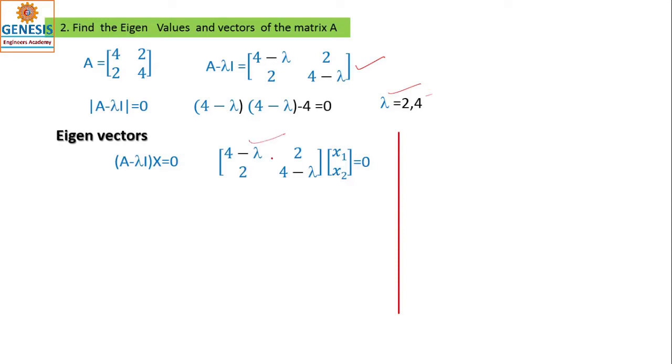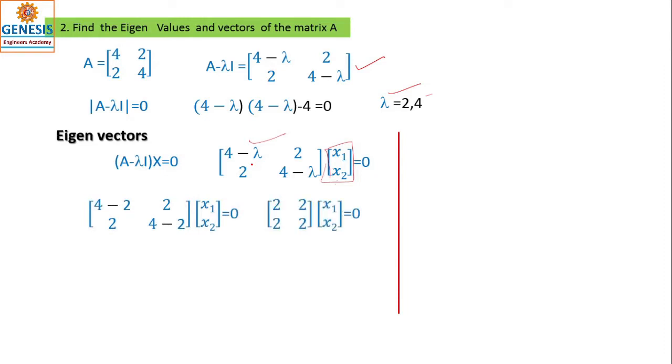This is the characteristic matrix, and X is a column matrix whose entries are the values of the vector. We call it the eigenvector. The eigenvectors will be based on lambda. If we substitute 2 for lambda, we get the eigenvector equation.